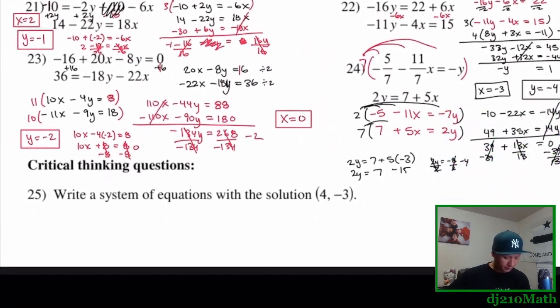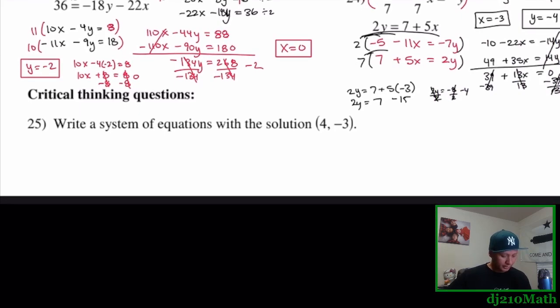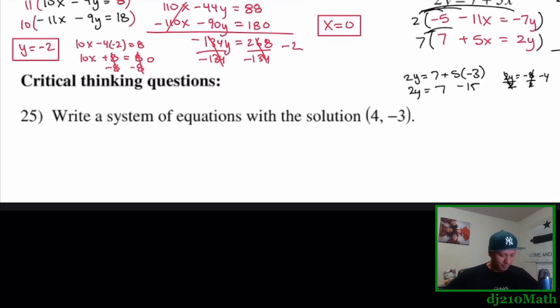There's a critical thinking question. So write a system of equations with the solution 4, negative 3. So this is my x and this is my y. So, I mean, just off the top of my head, right?